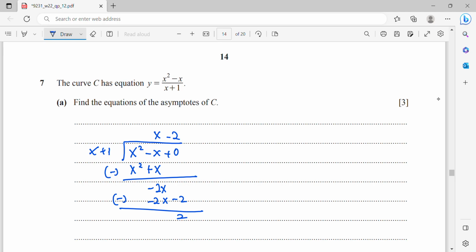So from here, we know that we will have two asymptotes. First asymptote is the oblique, y equals to x minus 2, which is from the quotient of the polynomial division. And the second one is we let the denominator be 0. Therefore, my x is minus 1.